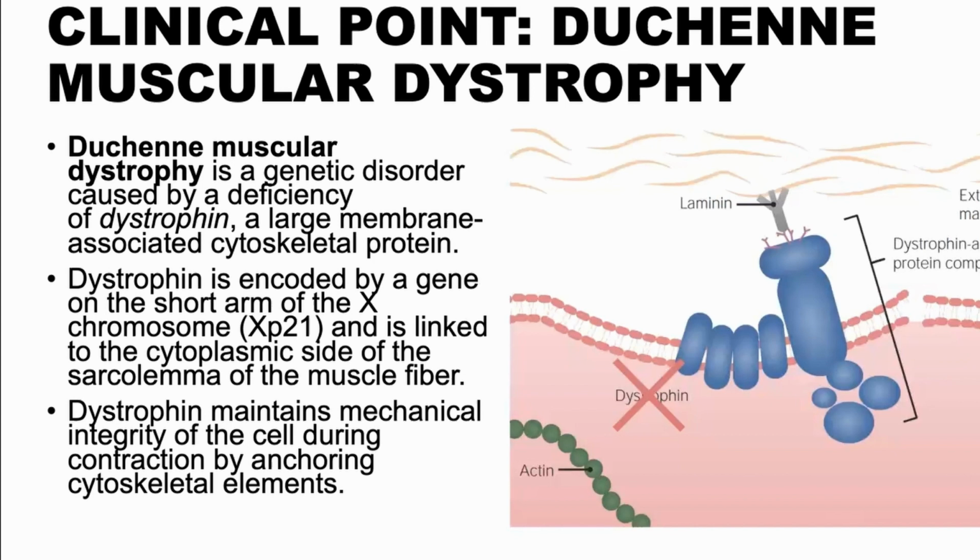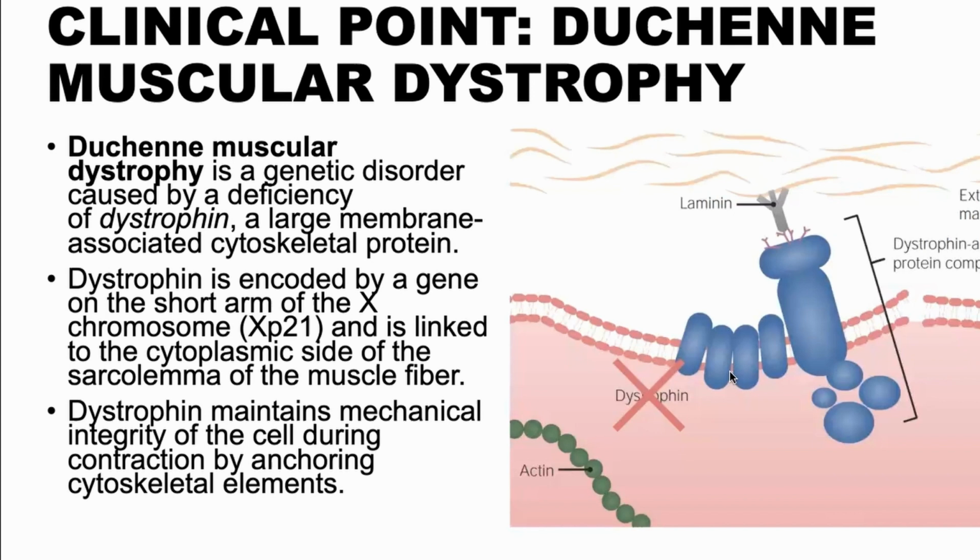There is a protein called dystrophin that is very important and helps to stabilize the actin. The protein is usually anchoring the actin. In Duchenne muscular dystrophy, there is no dystrophin. The dystrophin gene is usually on the short arm of the X chromosome. There's a mutation and there's no dystrophin to stabilize the actin.